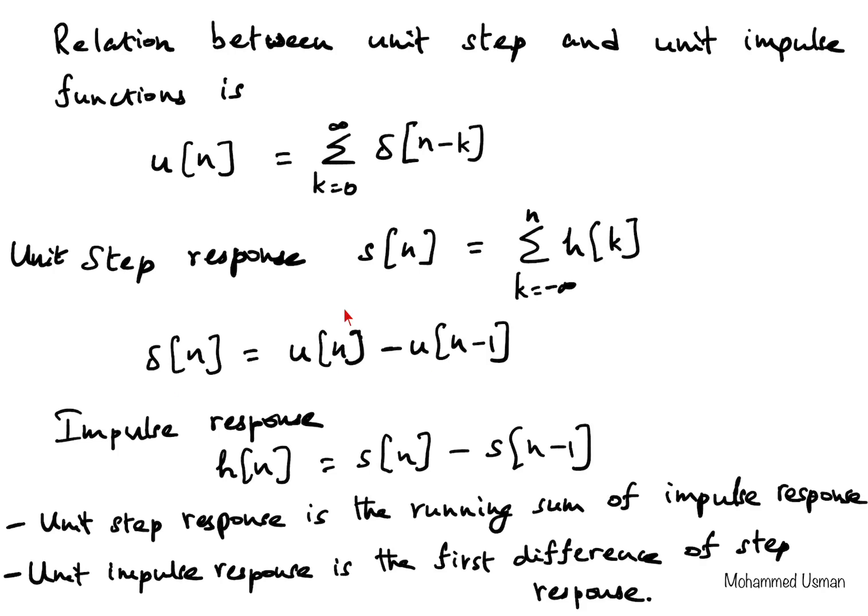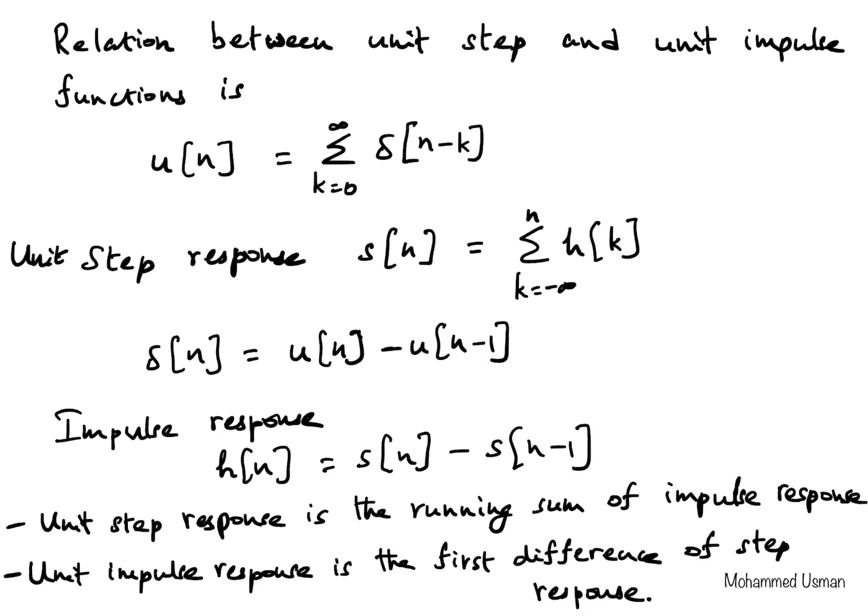And from that we can find the unit impulse response h of t, which in discrete time was the first difference of the unit step response.